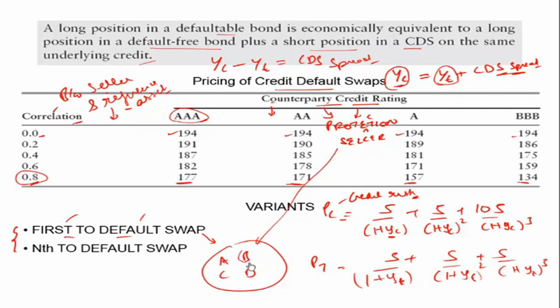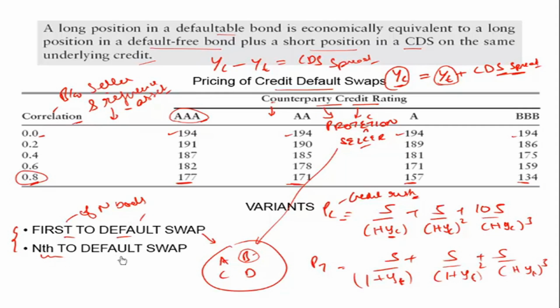So if the first one defaults, let's say B defaults, then whatever is the loss in value, the protection seller will make good and the CDS ceases to exist. So the first of N bonds, whichever it may be. When the first one defaults, whatever is the loss because of that default, you make good the payment, and that is the end of the swap.